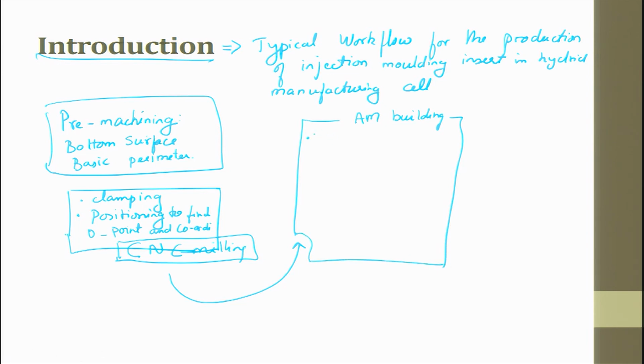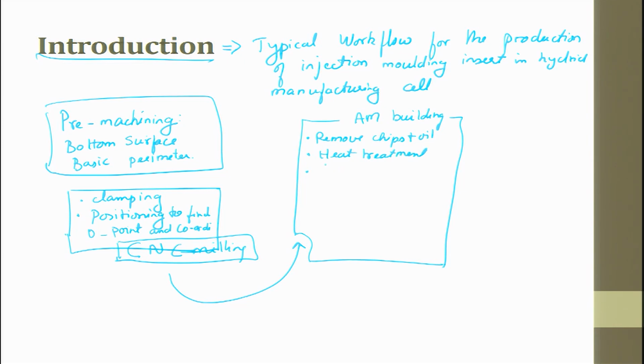First we remove chips and oil, whatever is on the surface. Then we do heat treatment. These are some of the processes we do to get the part. I am just making a generic thing.